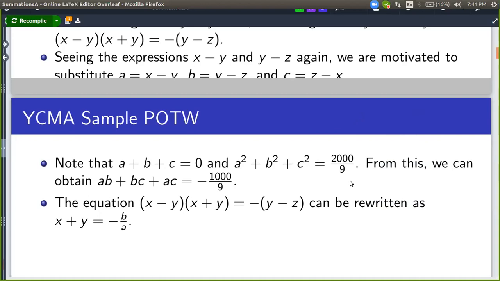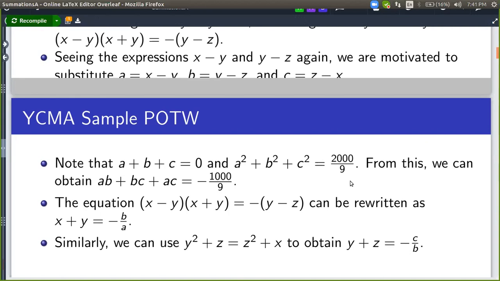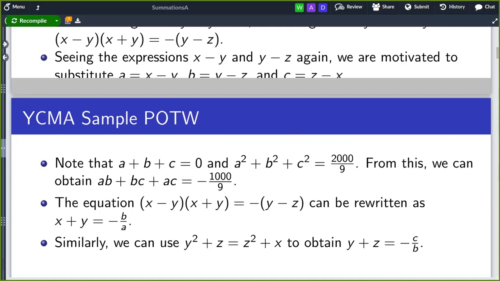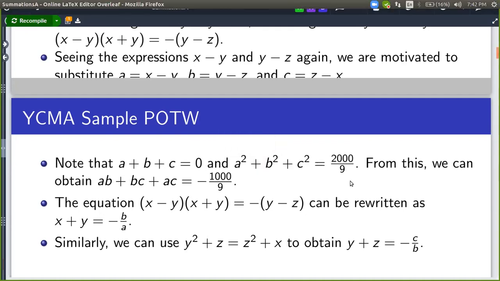What we did not use yet is the other equations, right? Because the second set of equations had multiple pairs. If we take this pair, like y squared plus z equals z squared plus x, then we obtain y plus z equals negative c over b. That's what someone said in the chat. And if we subtract y plus z from x plus y, then we just get x minus z.